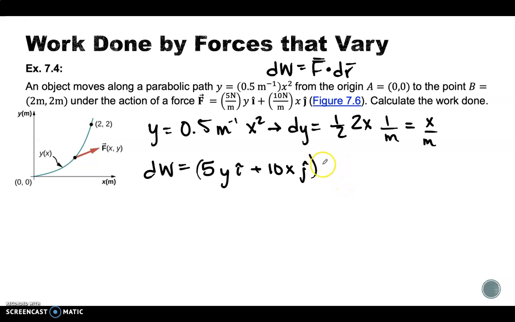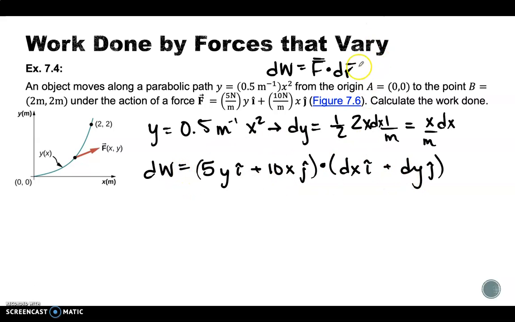Okay, now this is going to be dotted into dr bar, which is dx i hat plus dy j hat. Okay, and we're again just kind of leaving the units aside for a moment. Oh, this should say dx as well. Sorry about that.